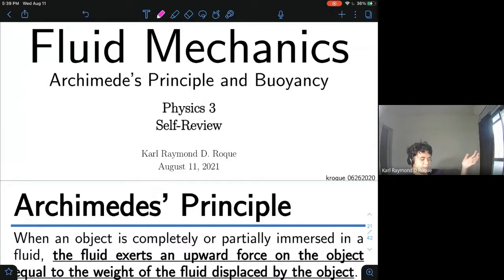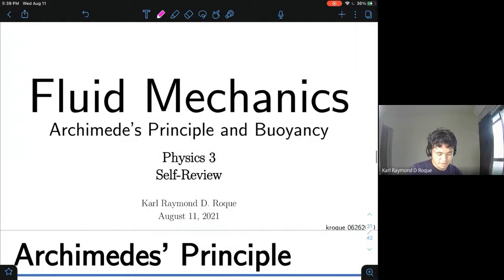He used this principle to help him. Ito yung Eureka eh. Siya yung nagsabi niyan eh. Archimedes. Tama ba? Search ko nga. Eureka, who said? Oh, ayun. Si Archimedes yung nagsabi. Yung storya nun, dahil sa buoyancy.